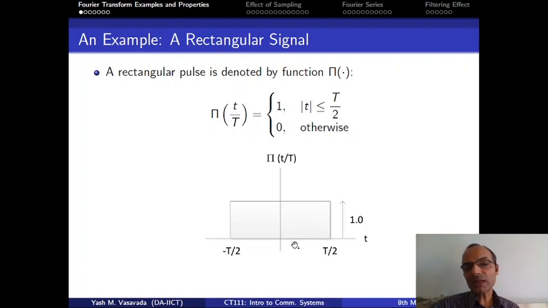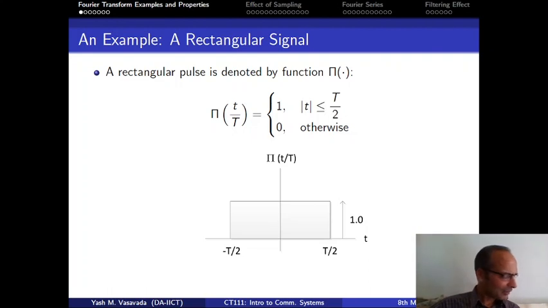So it is 0 from minus infinity to plus T over 2, and then it is 1 afterward. Now if I call the very first one u1 of t and the second one u2 of t, then if I do u1 of t minus u2 of t, I will get this rectangular pulse. So that is another way to define this rectangular pulse.